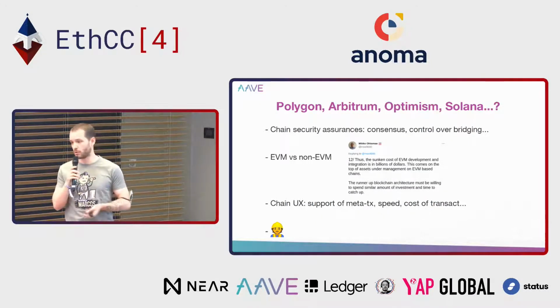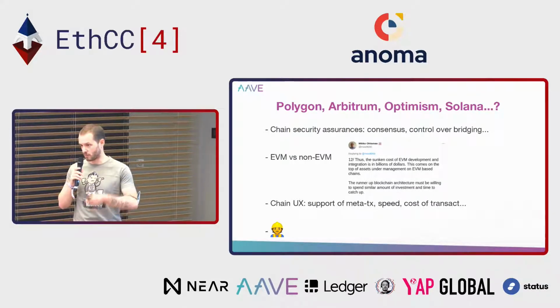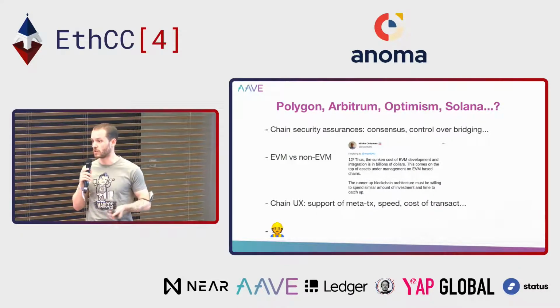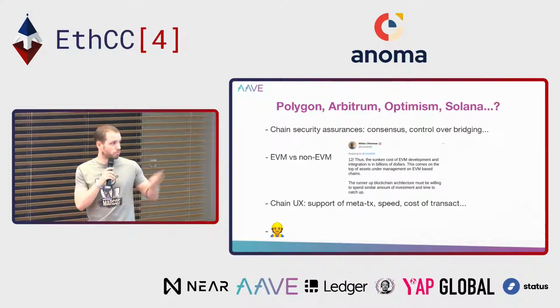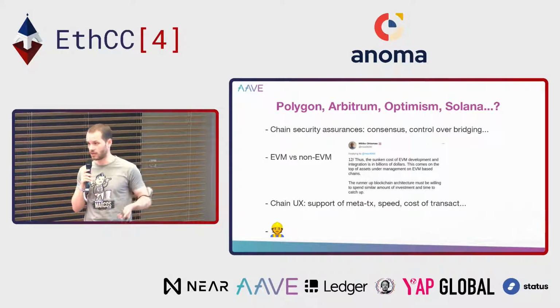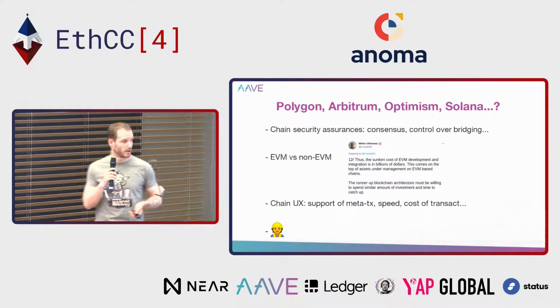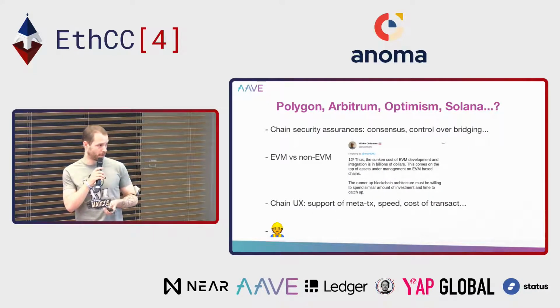Especially at the moment, not like maybe 2 or 3 years ago, there are really good solid solutions that are production ready for a money market or liquidity pool like Aave. You have Polygon, now Arbitrum, Optimism, and some other things like Solana and plenty of others. Probably I forgot a lot for sure.